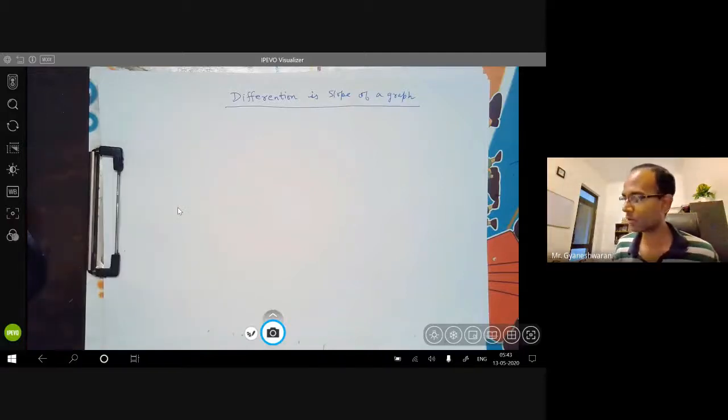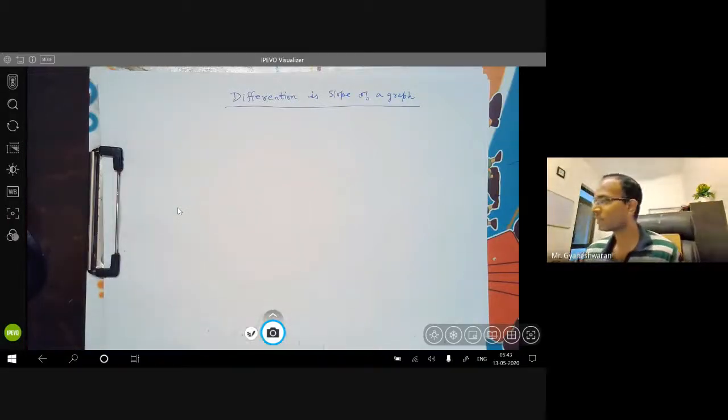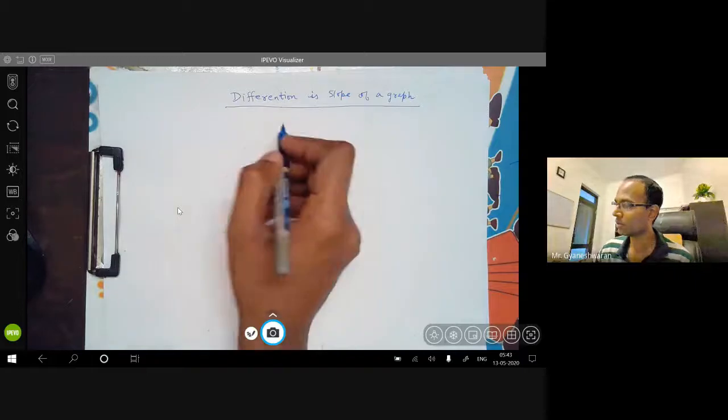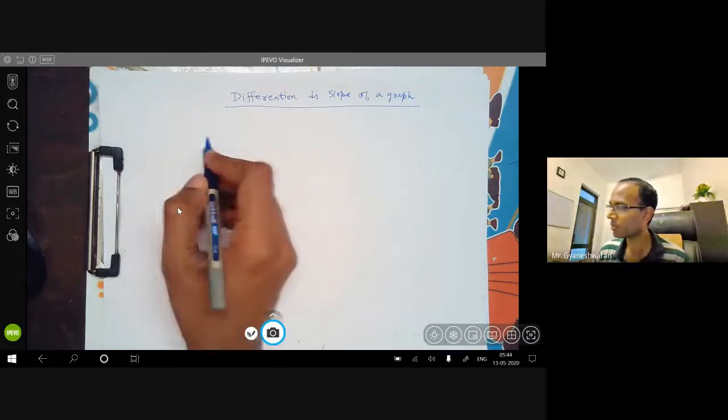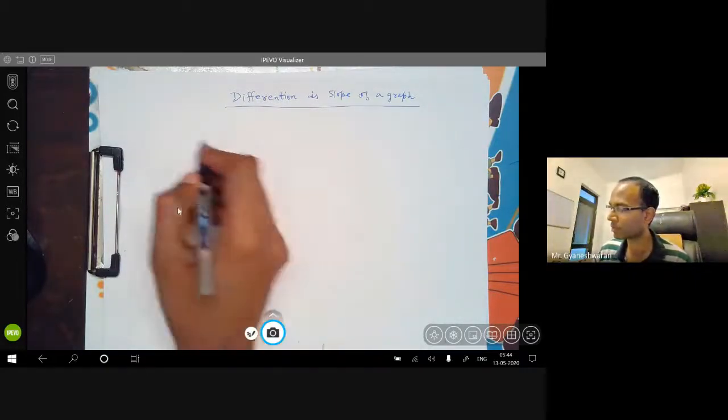Okay, so in this class, we will understand what exactly is differentiation. Differentiation is actually the slope of any graph.